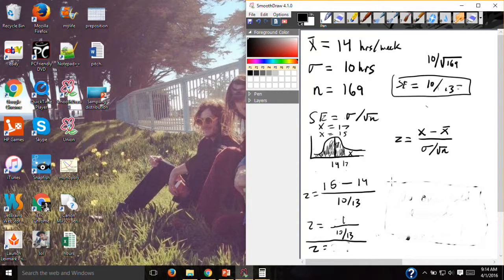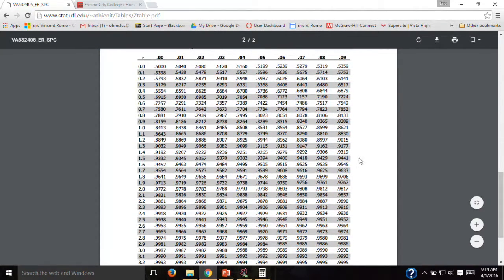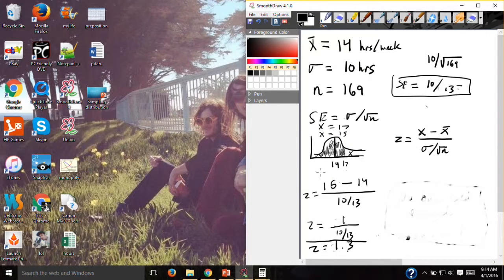Alright, so if our new z-score is 1.3, I gotta go to my chart. It says, and there's no running decimals behind that number, so it's 0.9032. So my area right here is 0.9032.